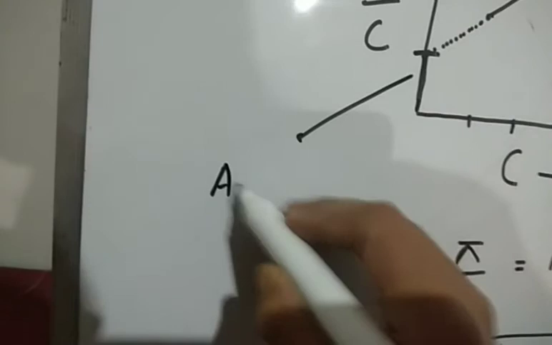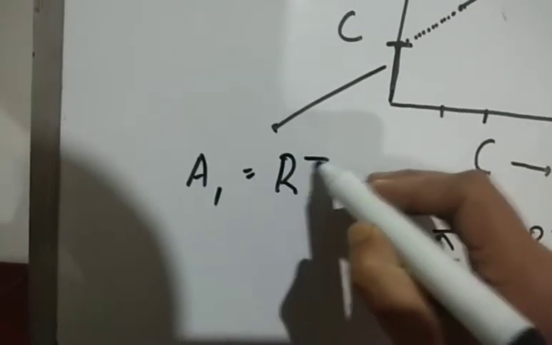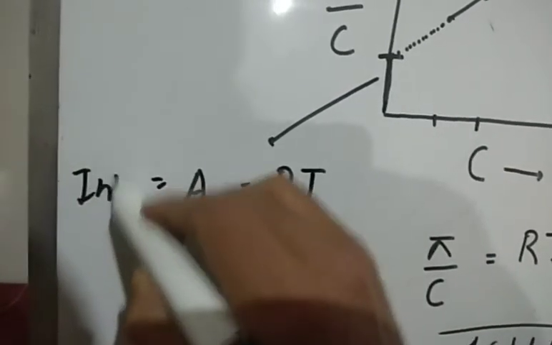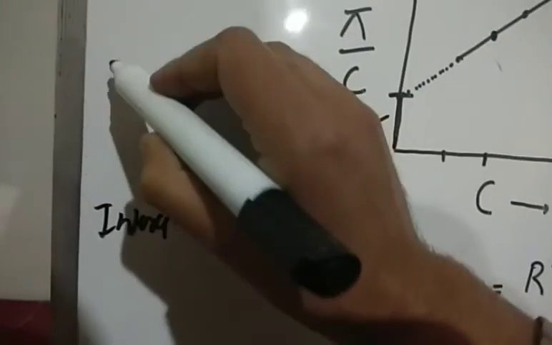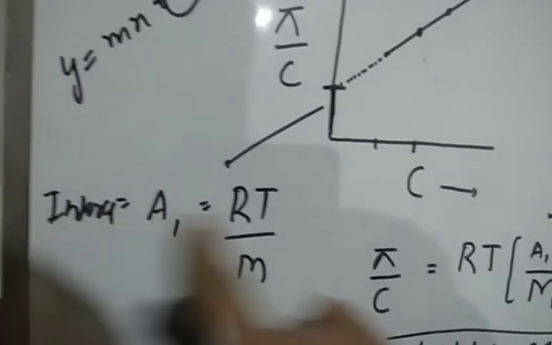From this graph we get A1, that is RT by M, that is your intercept. It is basically the y is equal to mx plus c relation.